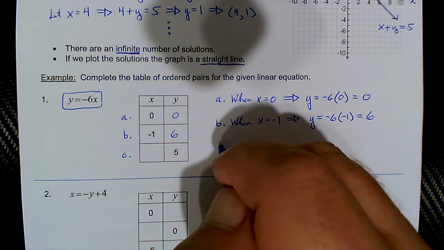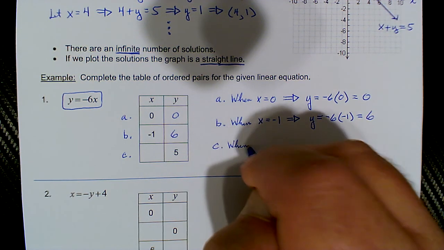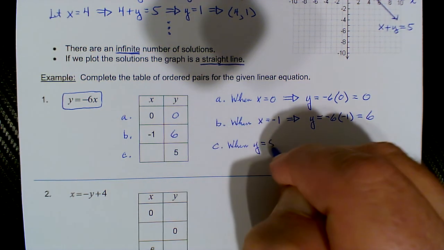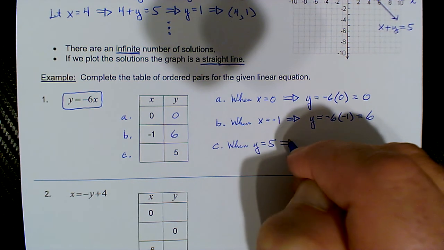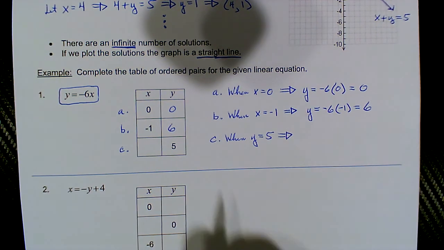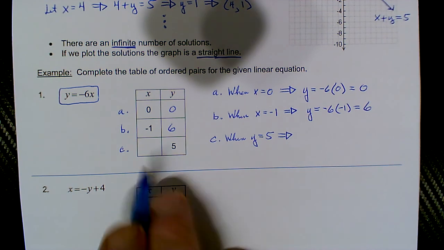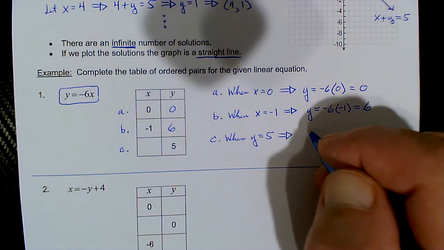Now it's telling us in part C what happens when y equals 5. Make sure you read the table correctly, and now it's telling us the y value is 5. It wants to know the x value.